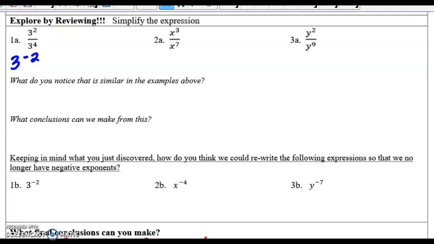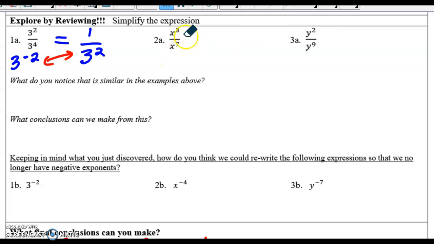Of course, we should know that there are more 3's in the denominator, so they'll stay in the denominator. And there are actually 2 more that are down there. So what I want you to understand is you could do it either way. These two things are equivalent. 3 to the negative second is the same thing as 1 over 3 squared.